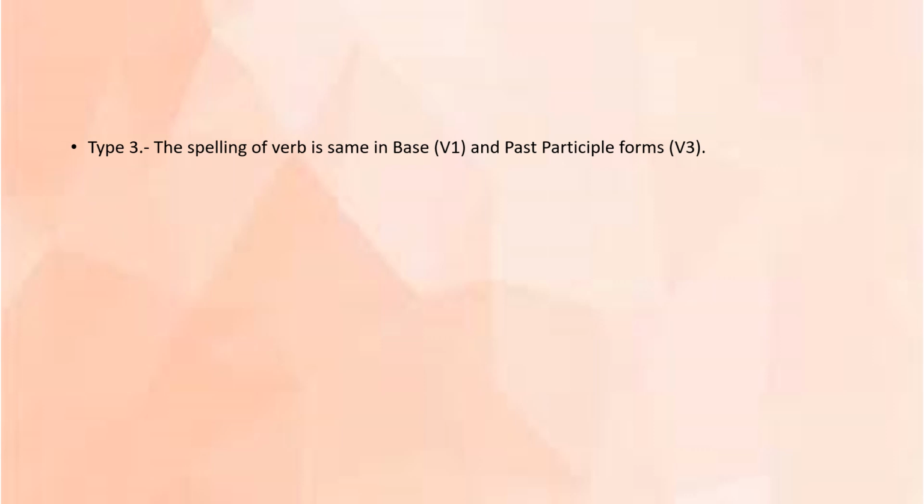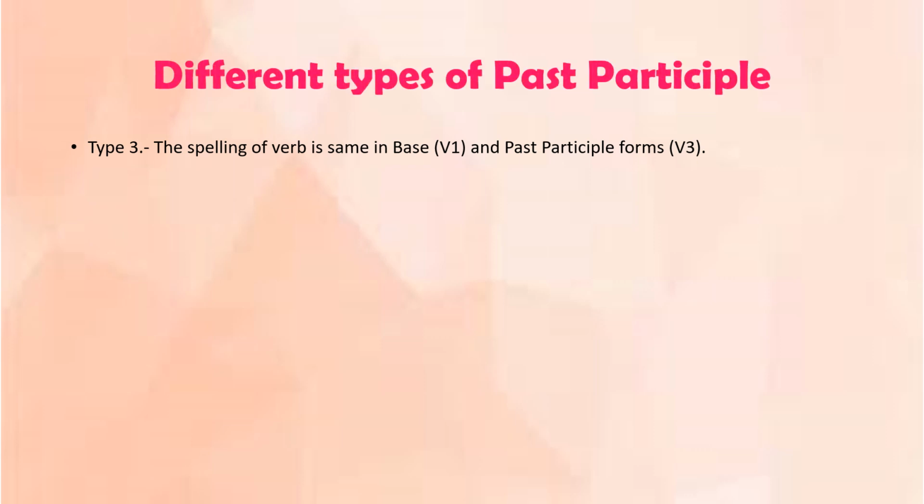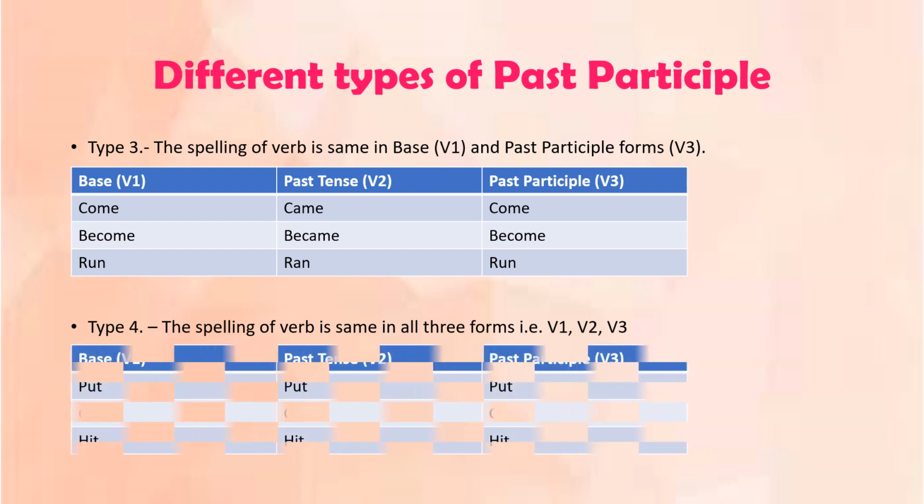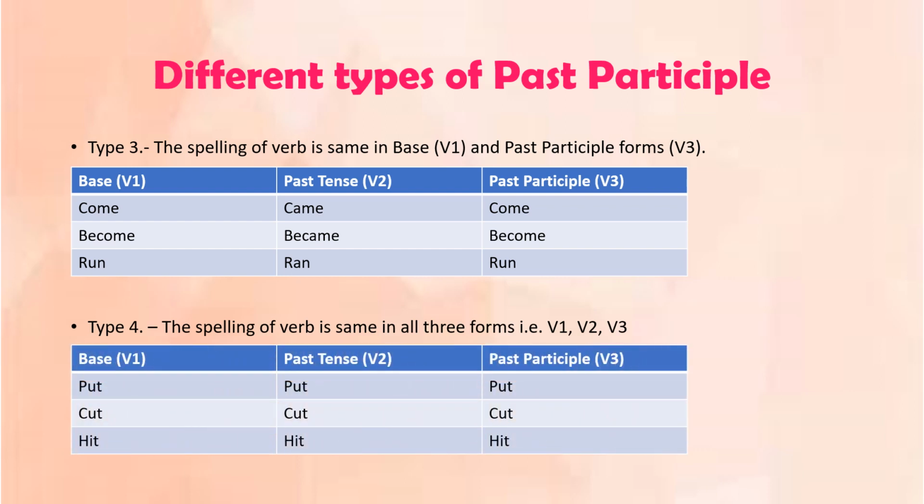The spelling of the verb is same in base and past participle form. Type 4. The spelling of the verb is same in all three forms, that is, verb 1, verb 2 and verb 3.